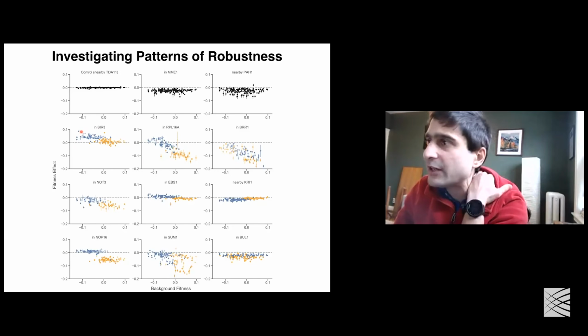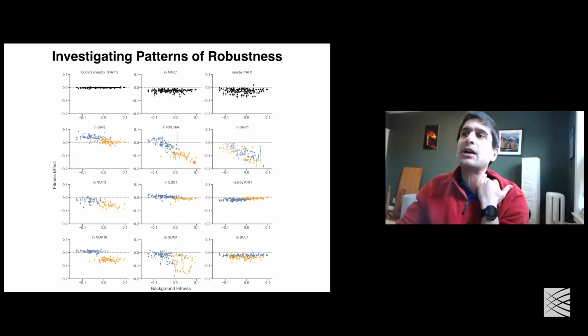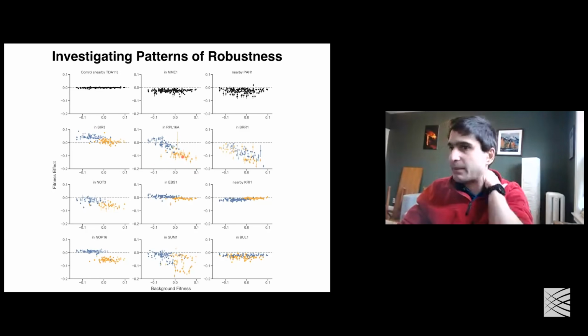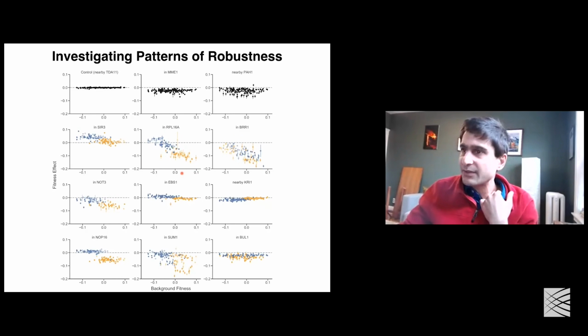And they tend to vary in a systematic way, where they become systematically less good in more fit genetic backgrounds. In some cases, they're even beneficial in the least fit backgrounds, neutral in intermediate fitness backgrounds, and then deleterious in more fit backgrounds. So there are consistent patterns of this kind of effect.